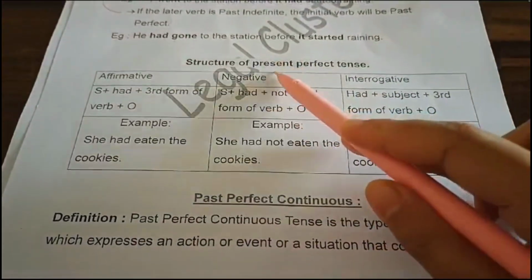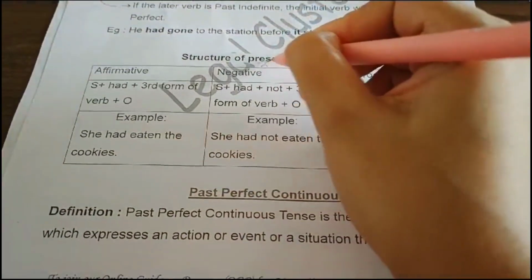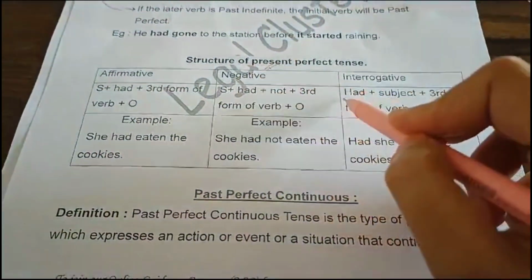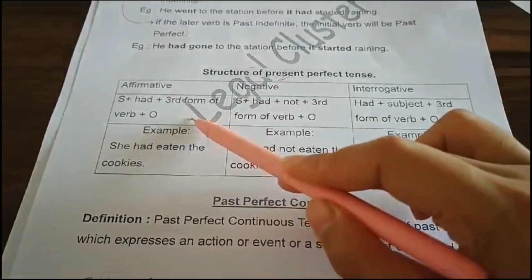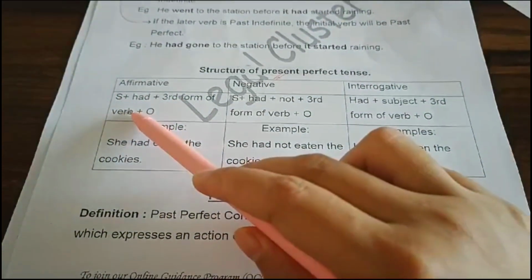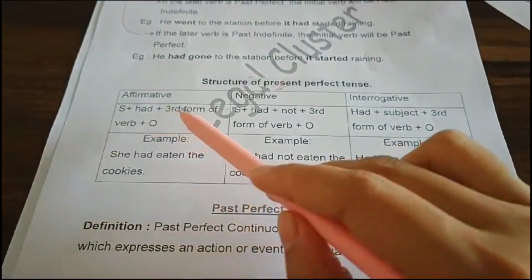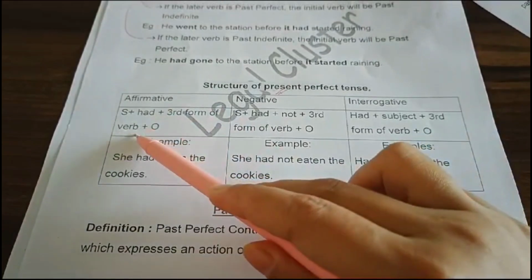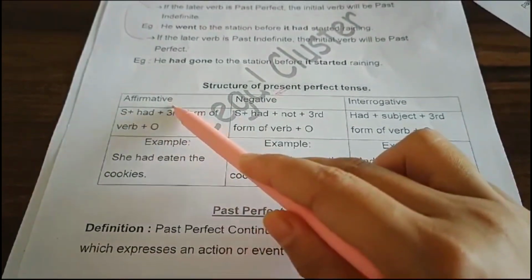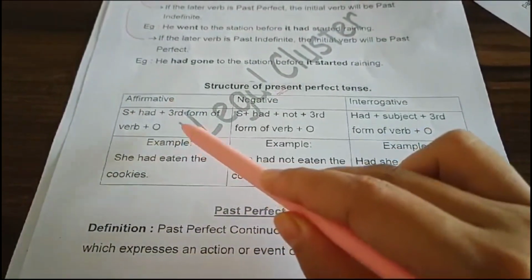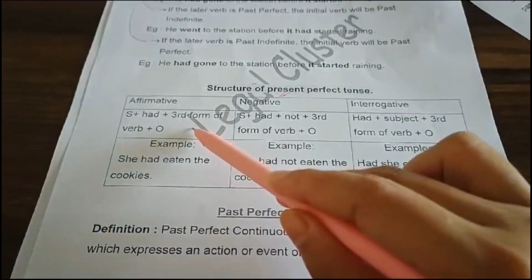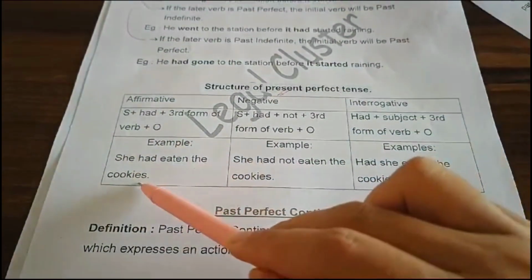Structure of past perfect. This is a spelling mistake here. Structure of past perfect tense for affirmative sentences: subject plus had plus third form of the verb plus object. So for an affirmative sentence, this is the basic formula. So, she had eaten the cookies.